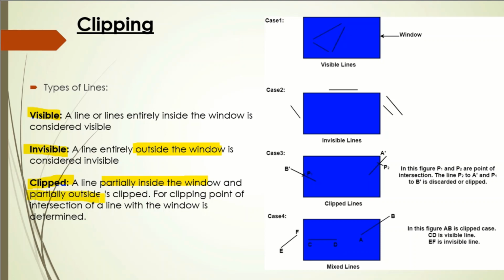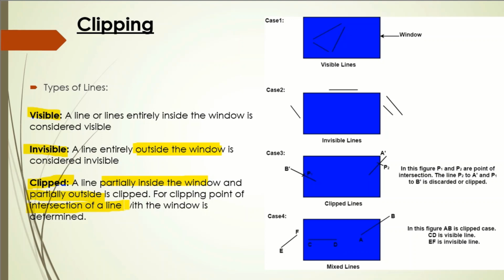Please remember this. If a line is partially inside and partially outside, we need to perform clipping. And in order to perform clipping, we need to find the intersection of a line with the window. We need to determine this intersection line.